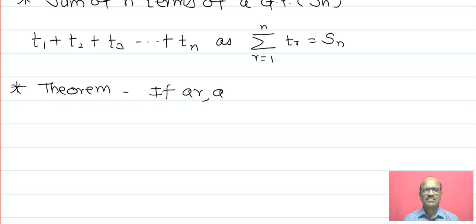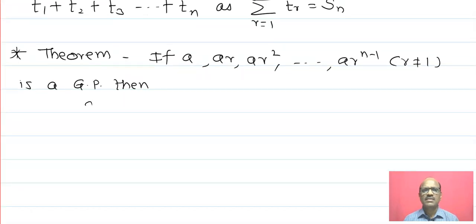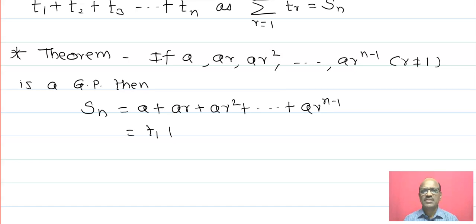Now this is the theorem. If a, ar, ar square up to ar raised to n minus 1 is a geometric progression, Sn is equal to a plus ar plus ar square plus dash dash plus a into r raised to n minus 1.